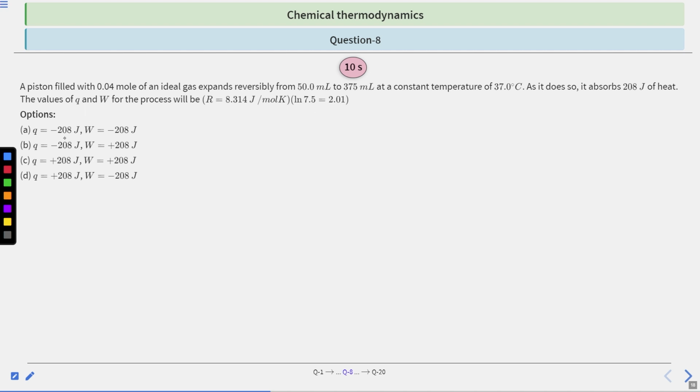Options are Q is minus 208 joule and work is minus 208 joule. Q is minus 208 joule, work is plus 208 joule. Q is plus 208 joule and work is also plus 208 joule. Q is plus 208 joule but work is minus 208 joule. So you have 10 seconds to solve this question. After that, we will see the answer.